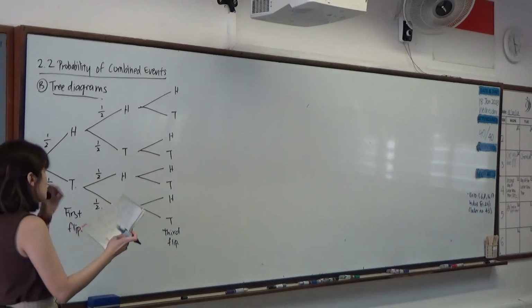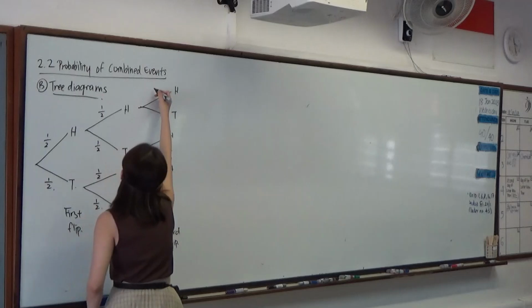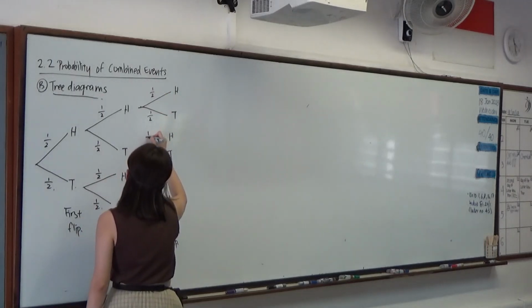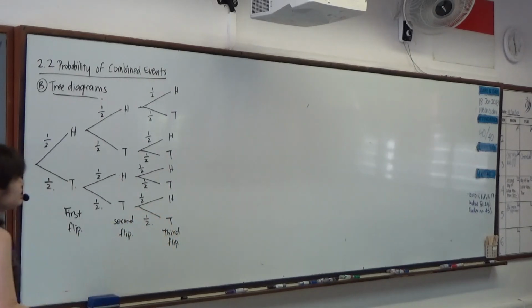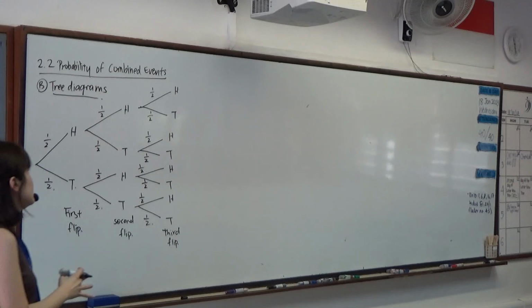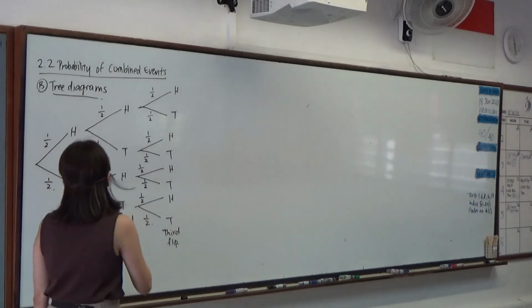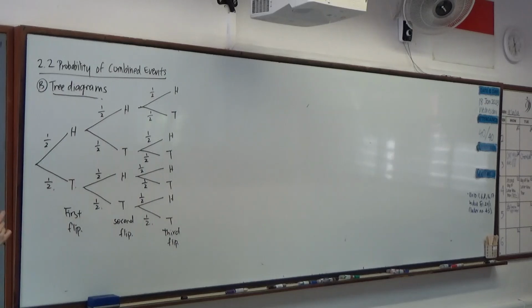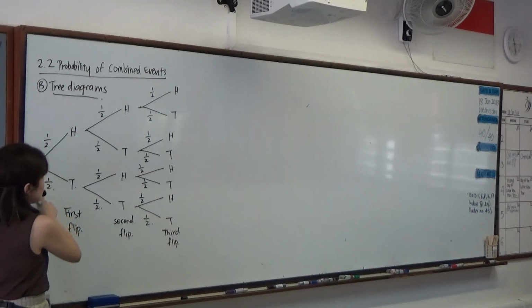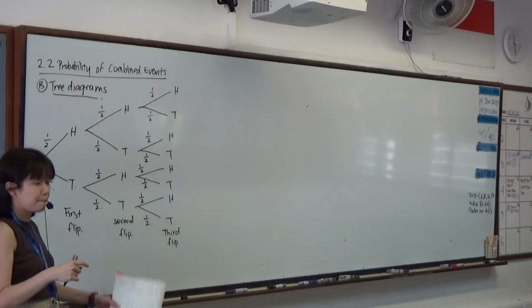Notice that in my 3 diagram, I put the probability on the branches itself. At this juncture that we are starting to learn about 3 diagrams, the probabilities are actually all equal. Later on, as we further our understanding, we will learn how to condense it further, such that the probabilities may not all be equal.